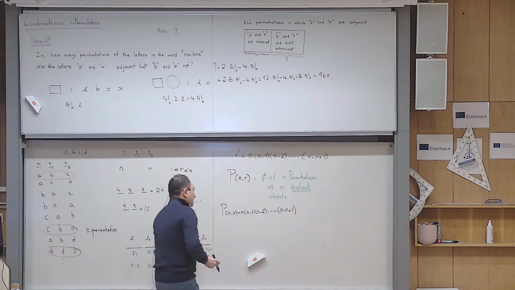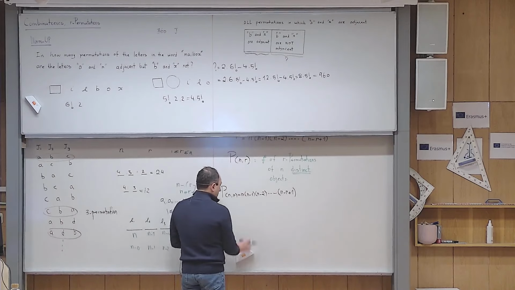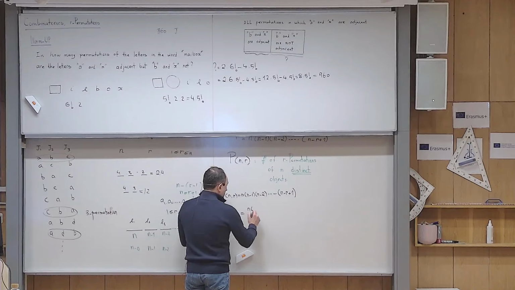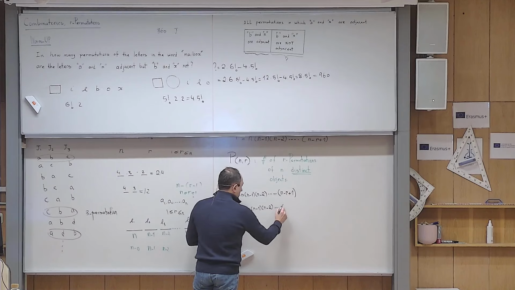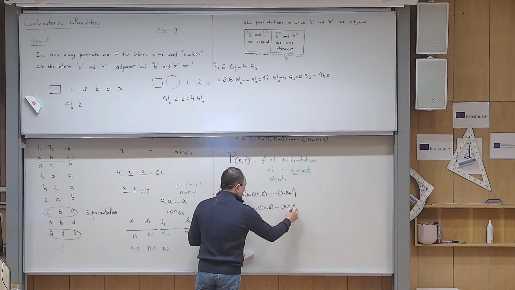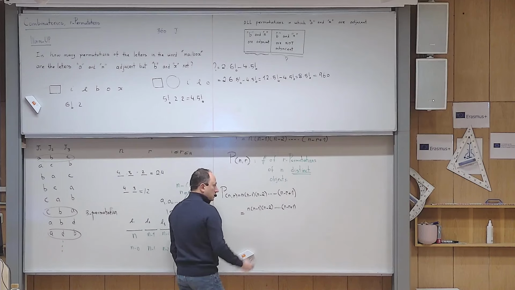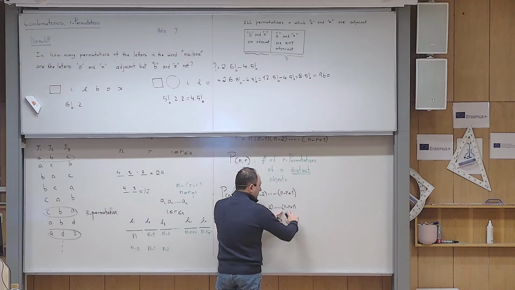So if I want to write it as factorial, this is the trick. I would write it as n times n minus 1 times n minus 2, and then I continue this list. So far, I have copied the same thing, but now I multiply this by the list of all previous natural numbers.